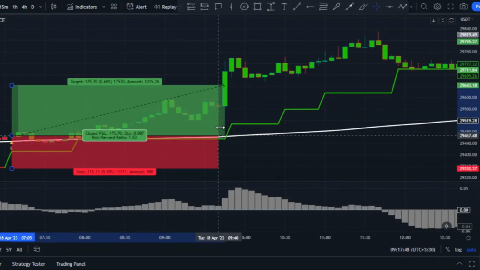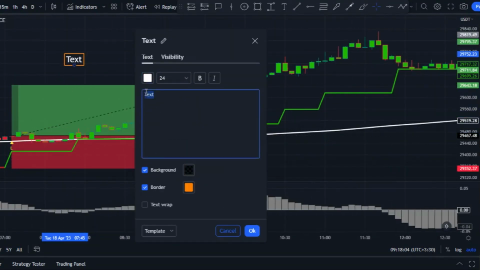Alright then, it's time to review how this strategy played out looking at some past trades on the chart.